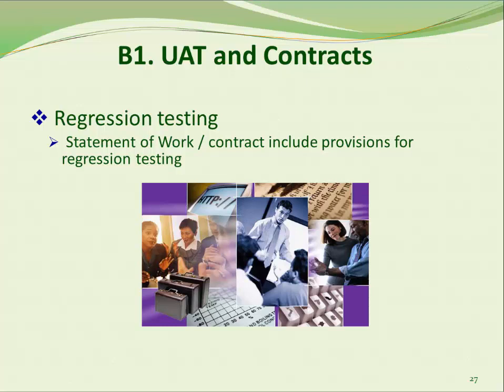FNS reserves the right to participate and conduct independent testing, as necessary, during UAT and at appropriate times during system design, development, implementation, and operations. Your statement of work for a development contractor and contract should explicitly require regression testing to be conducted throughout all system testing and most importantly throughout UAT.